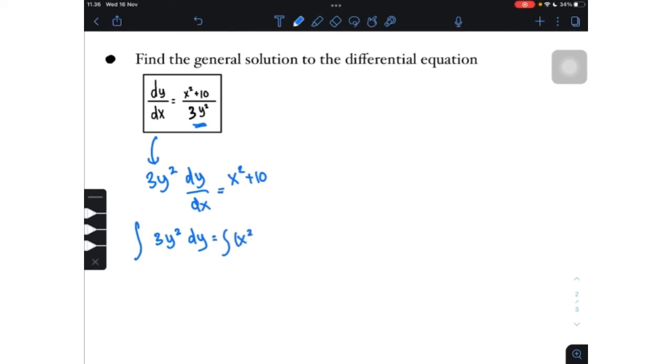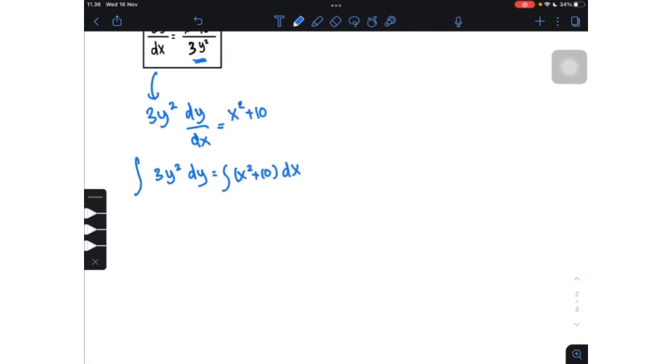Integral of x squared plus 10 times dx will be x cubed over 3 plus 10x plus c. We can eliminate the 3.